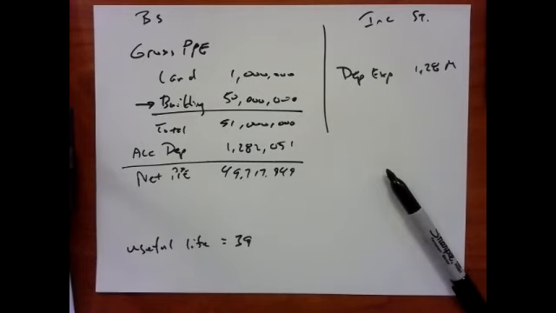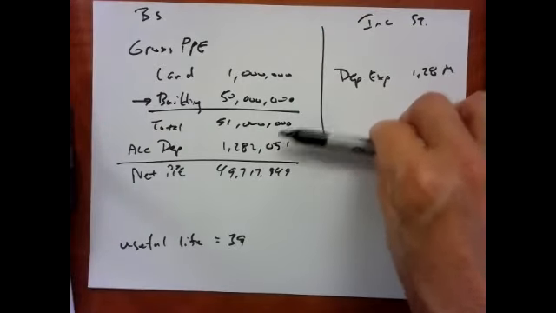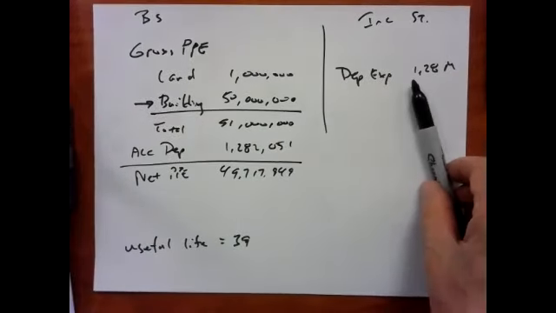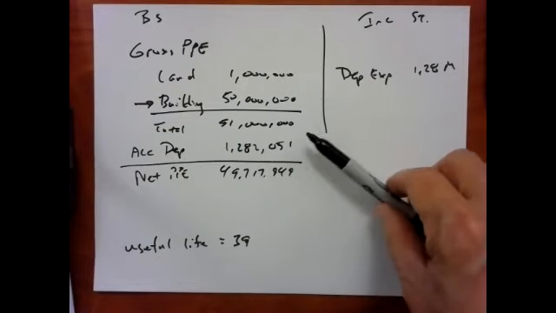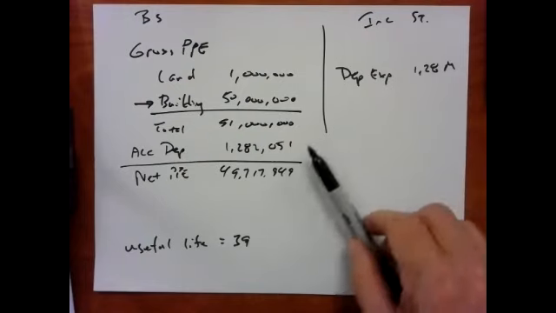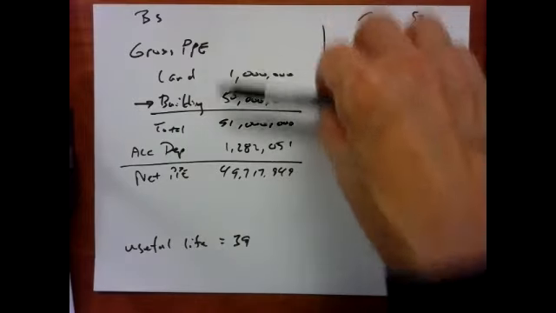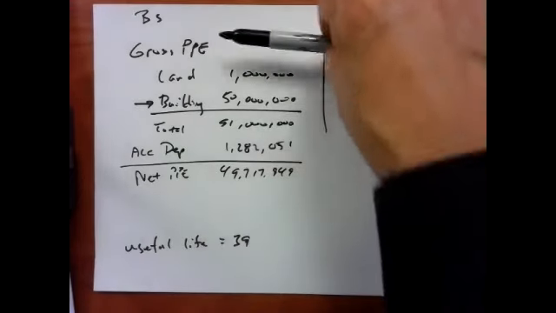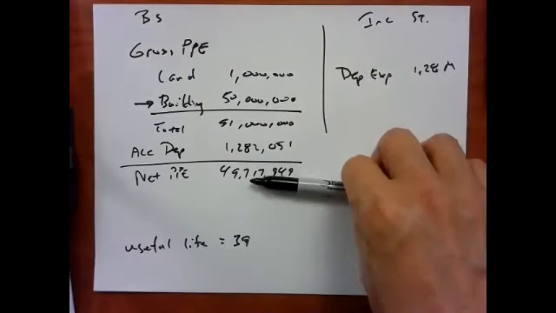So then you would have your gross value, which in this case was 51 million. You're going to have a depreciation expense that is the annual depreciation for each year that it happens. So after 1 year, we would have 1.28 million in depreciation expense. We would subtract the accumulated depreciation from the gross value to give us the net value.